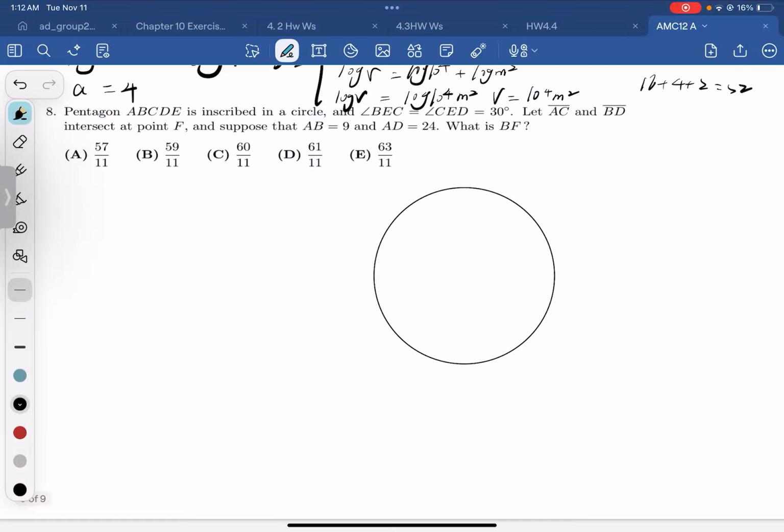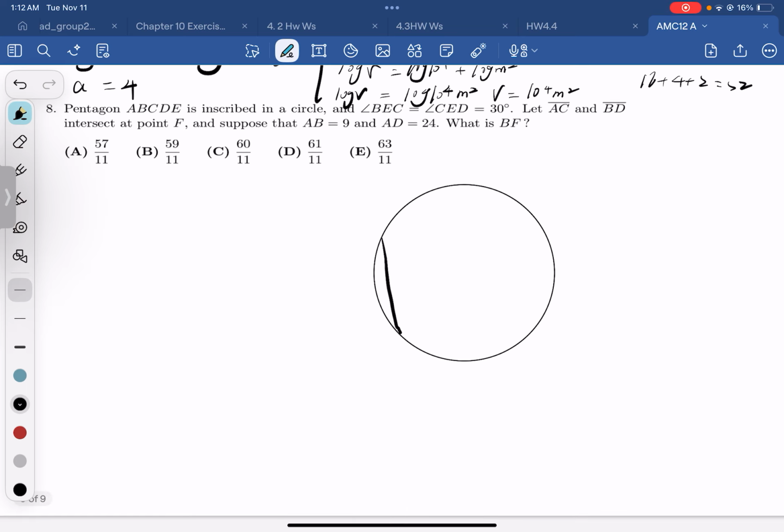In a pentagon ABCDE inscribed in a circle, we just draw a random pentagon ABCDE.